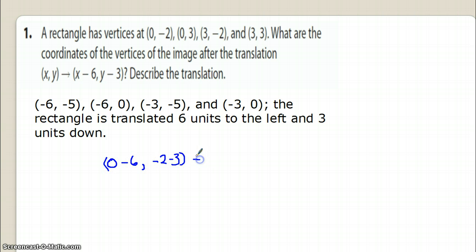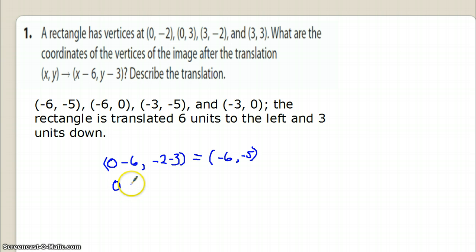So what do we get out of that? We get 0 minus 6, which is -6. And we get -2 minus 3, or should I say 2 plus 3, and then keep your negative sign, which gives us -5. Okay, then we take a look at the other one real quick. We have (0, 3).